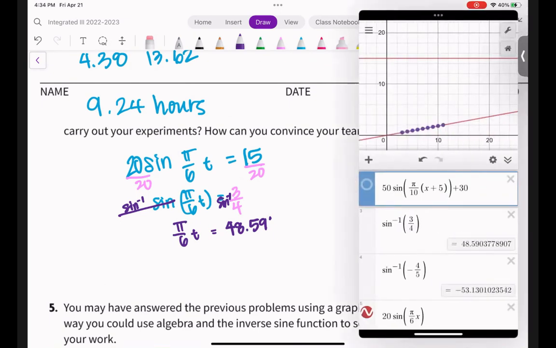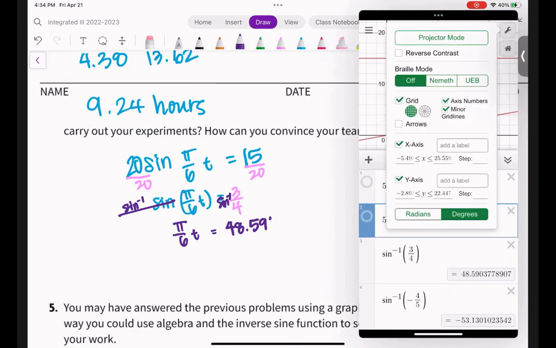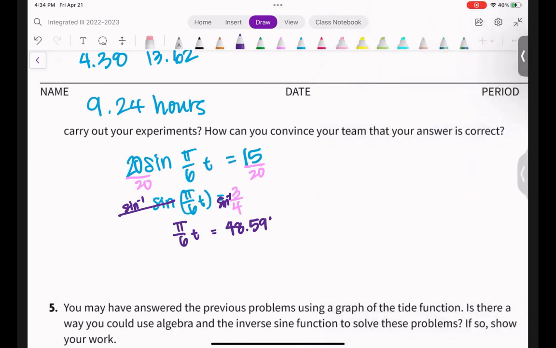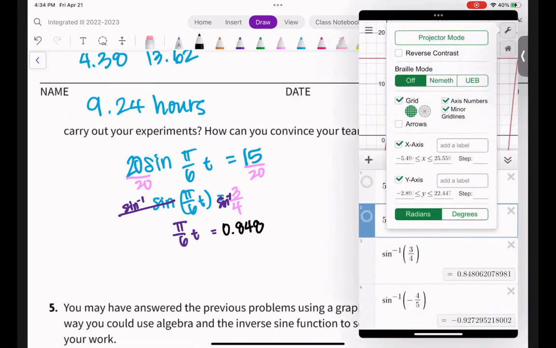So maybe I should not have used degrees; I should use radians. So I'm going to go with 0.848, because now I have radians with radians. Does that make sense? So this answer here, 0.848, or if we were talking about degrees, 48 degrees.